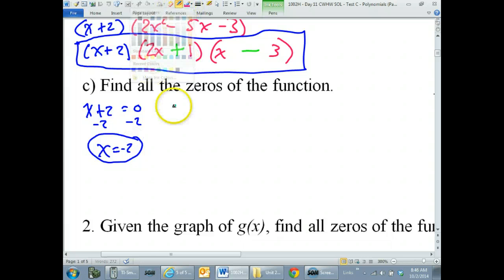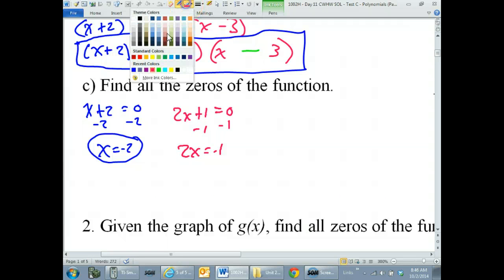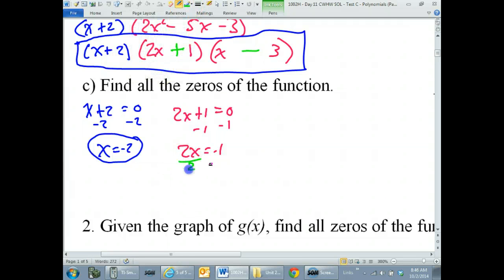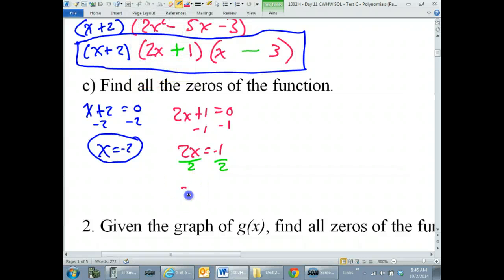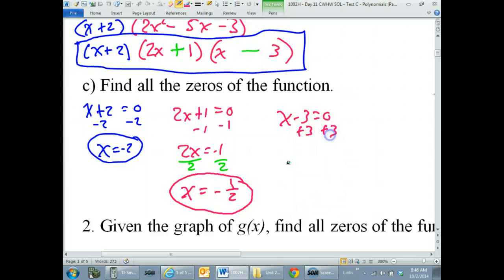If I set 2x plus 1 equal to 0, subtracting 1 from both sides, dividing by 2 now, I get x equals negative 1/2. And setting x minus 3 equal to 0, I get x equals 3. So these are my 3 zeros.